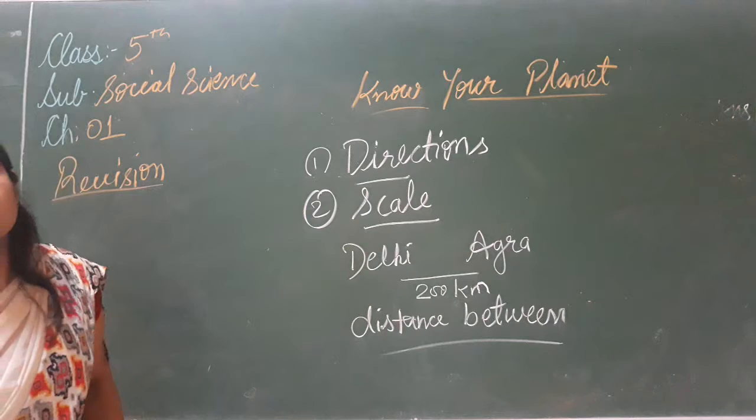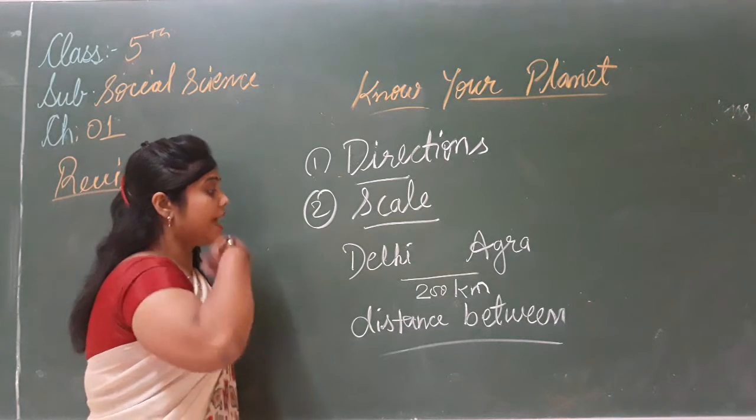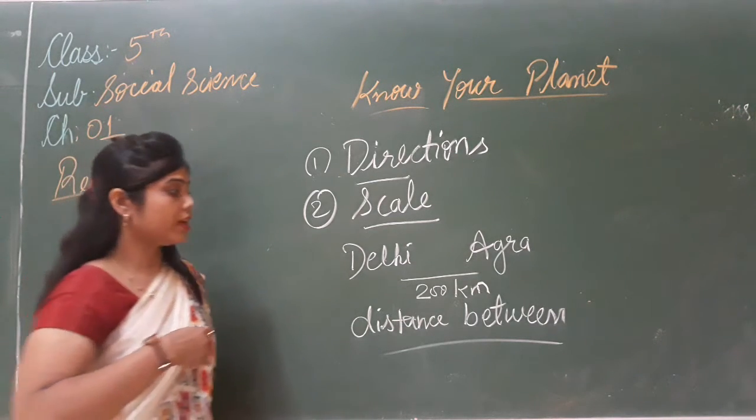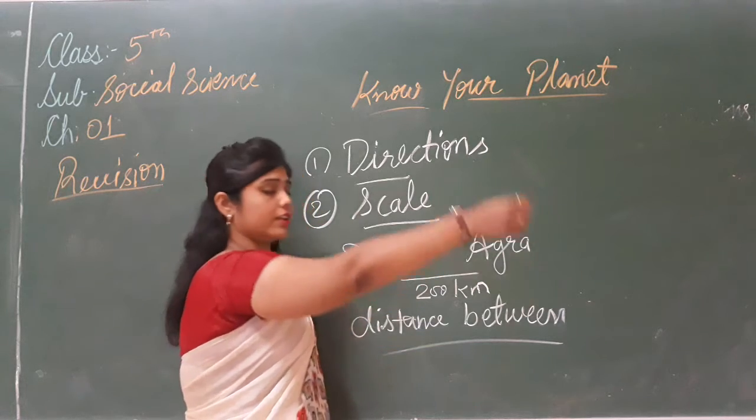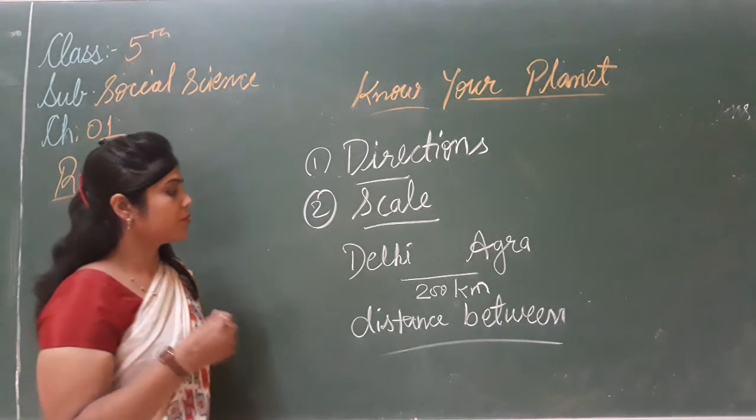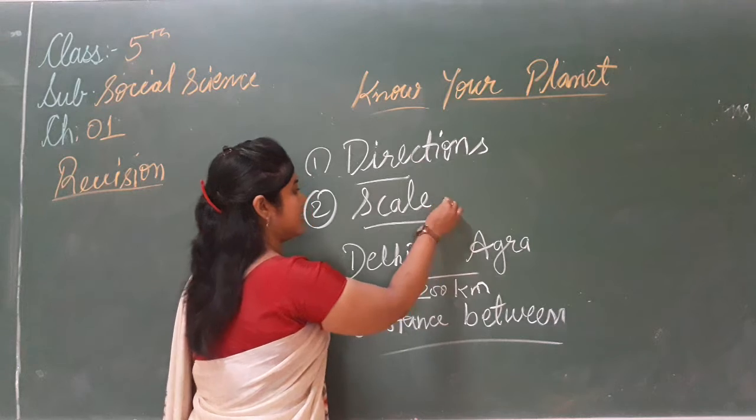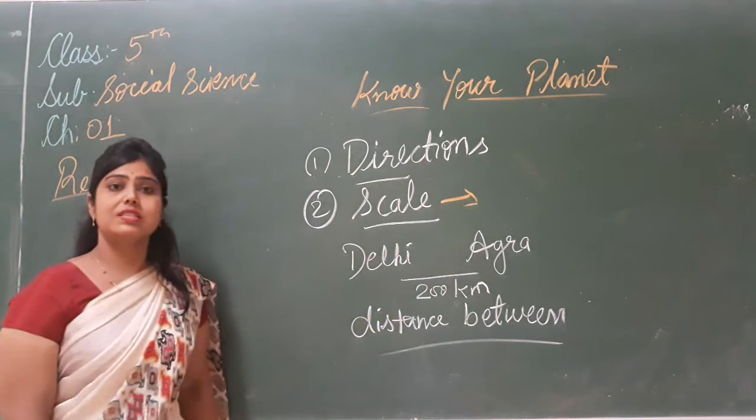We cannot draw the 200 kilometers at actual size on a map. That's why we use the scale.